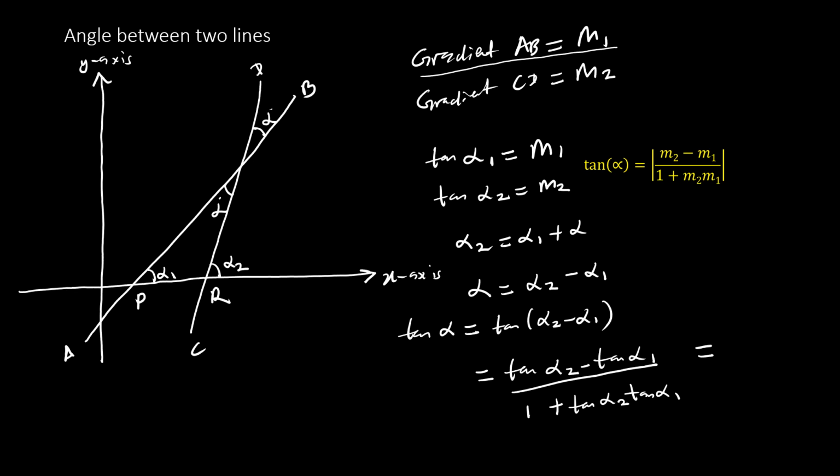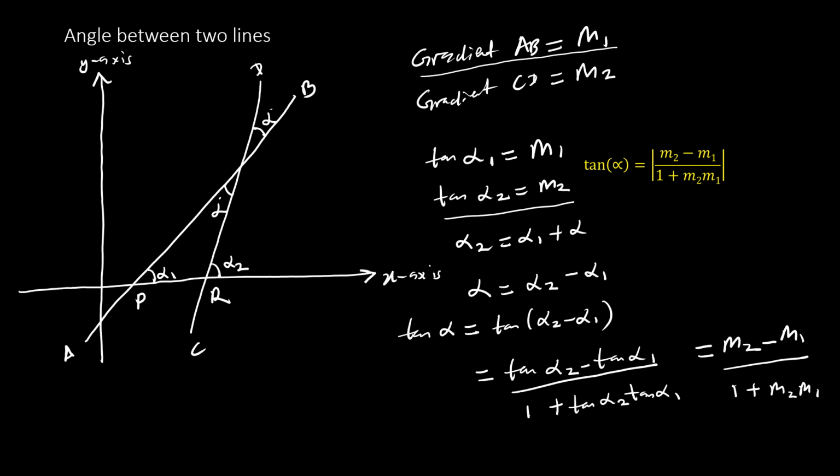So we are going to have here tan alpha 2 is m2, minus tan alpha 1, which is m1, divided by 1 plus m2 m1. And that is the formula for finding the angle between these two lines.